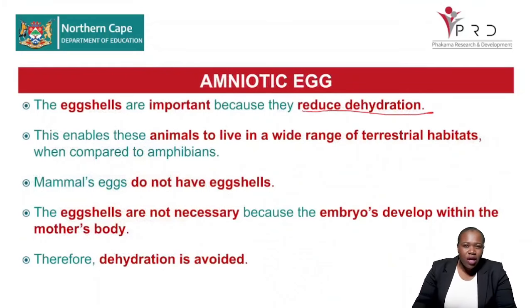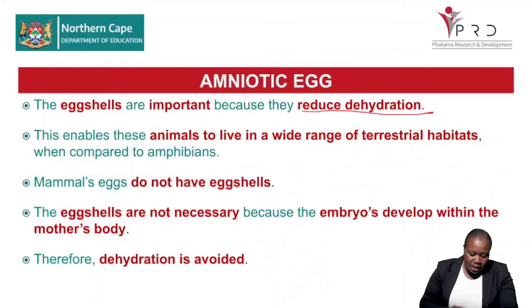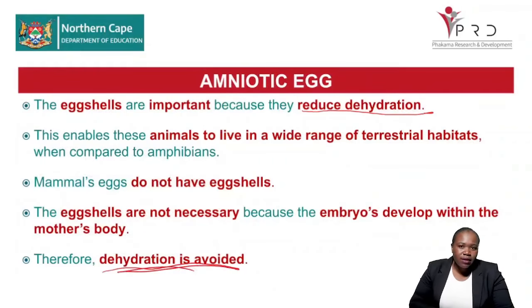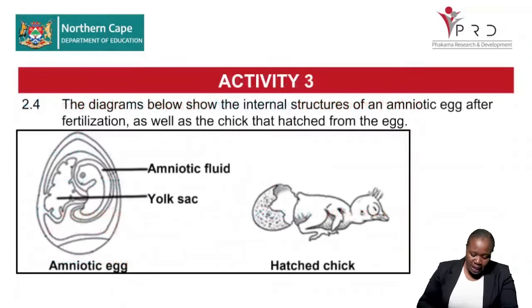If we are looking at terrestrial organisms that lay their eggs on land and not in water, the shell protects the developing egg from being dehydrated, because there isn't any water to keep the egg moist.